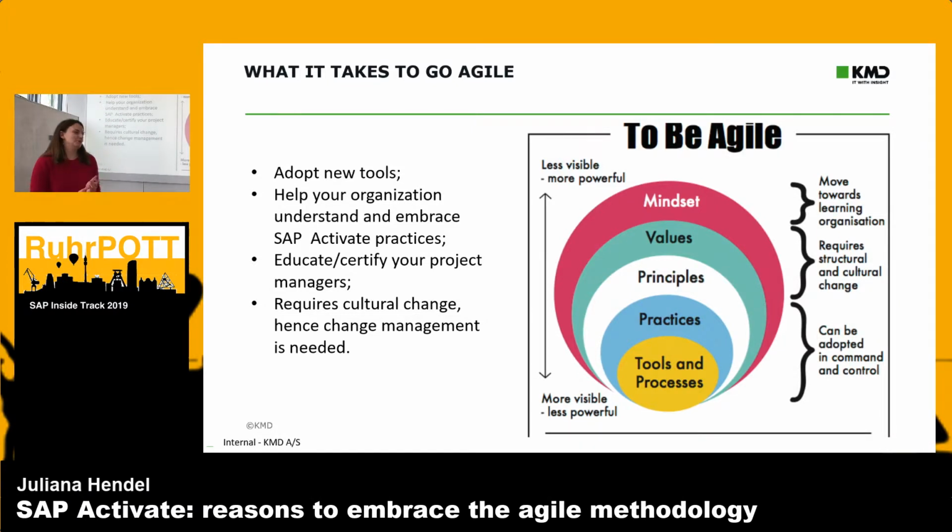Now comes the tricky bit, right? What does it take to go agile? Well, in the past, when consultants worked with SAP projects, and wanted to implement in an agile way, they ran into two obstacles.